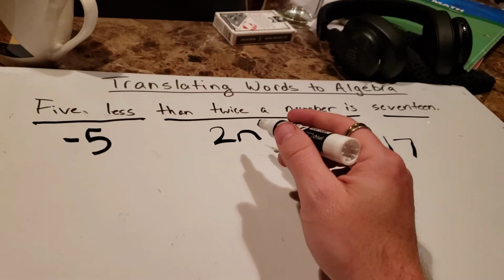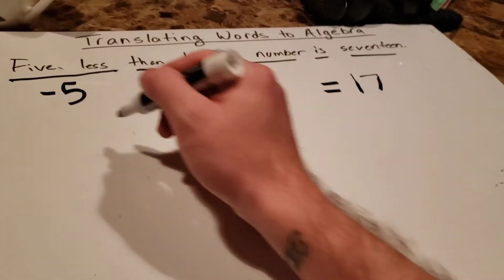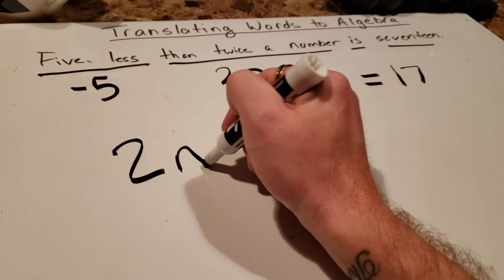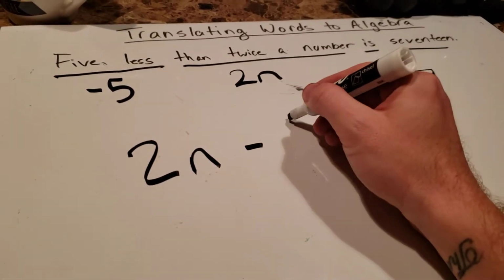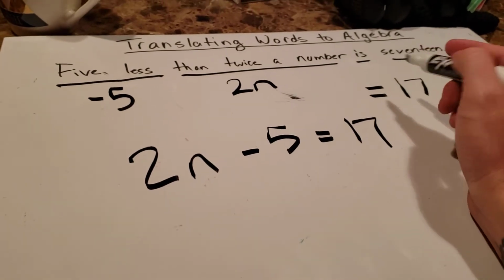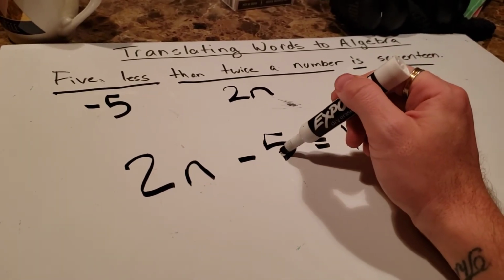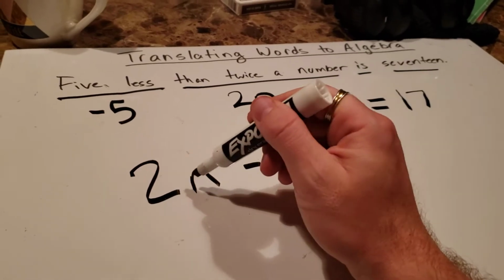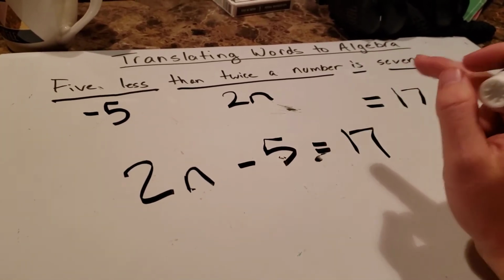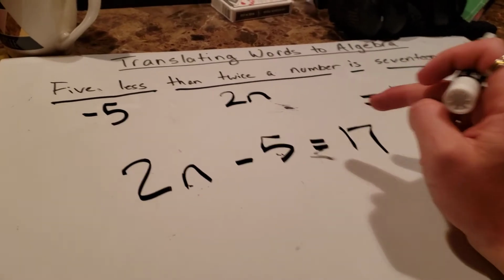So even though 2n comes second, it's actually first in our equation. So we actually have 2n minus 5 equals 17. So 5 less than twice a number is 17. So the order of things can be a little tricky.